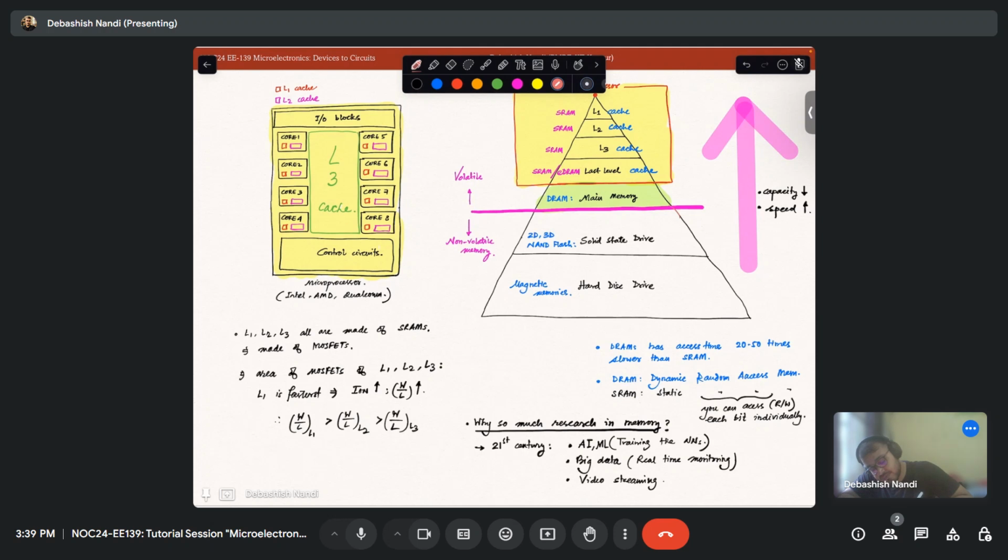So people are researching in this area what they call storage class memory. It falls between your DRAM and NAND flash, so they call it storage class memory.